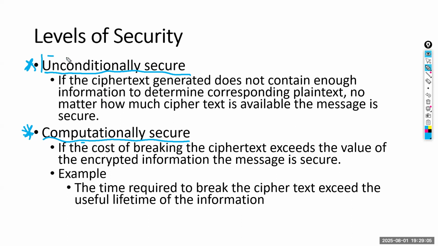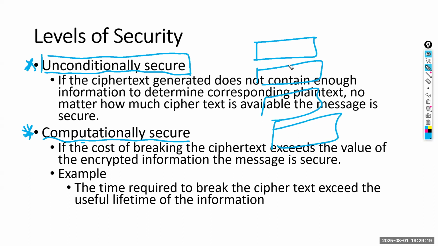Unconditionally secure means, for encryption decryption, say you have some ciphertext, a set of ciphertext. Now you want to analyze these and try to see what the key is, what the algorithm is. Maybe you know the algorithm and you want to guess the key.